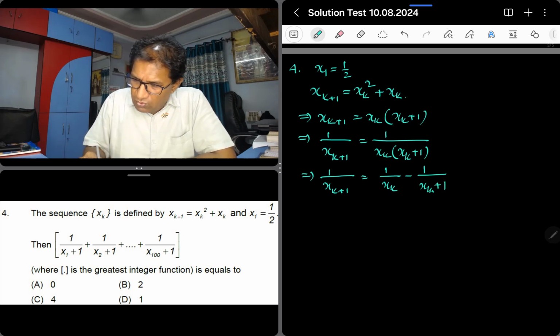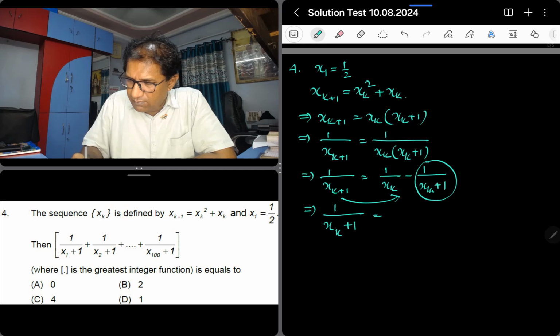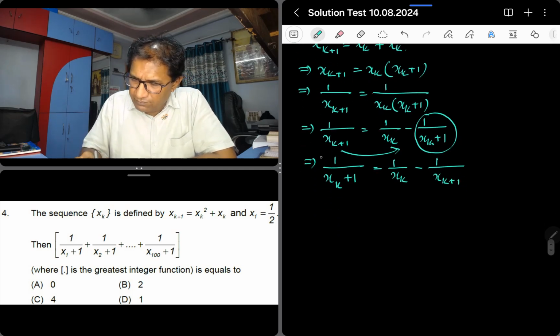Okay. So if I take this part in the left hand side and this part in the right hand side, we are having, okay. So this relation we got.